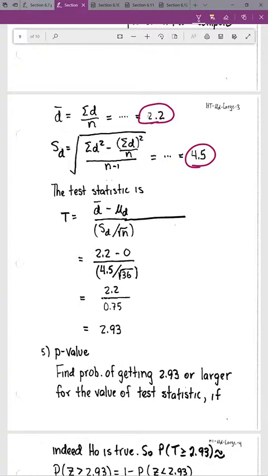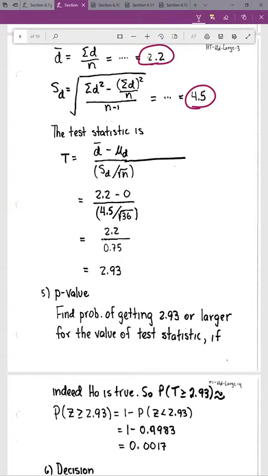Using these, we can calculate our test statistic. Using the same formula as above, we have t equal to d bar minus mu d divided by sd divided by the square root of n. Plugging in, we get a t value of 2.93.